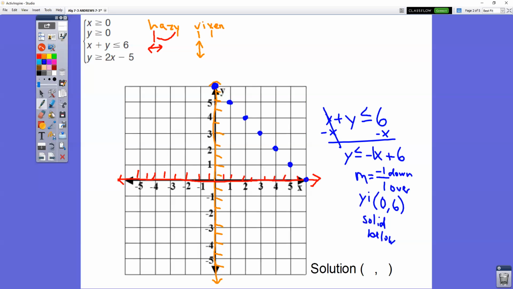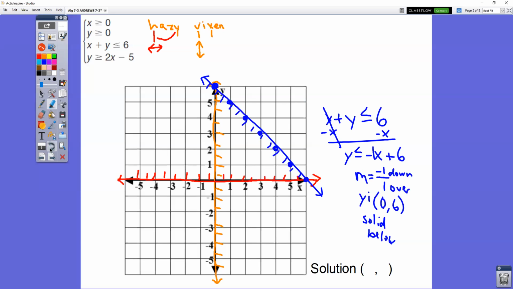This is a solid line that we're going to use, and we're shading below that line. So that's how we are narrowing down. Now our only possible answer area is down to this blue highlighted area.